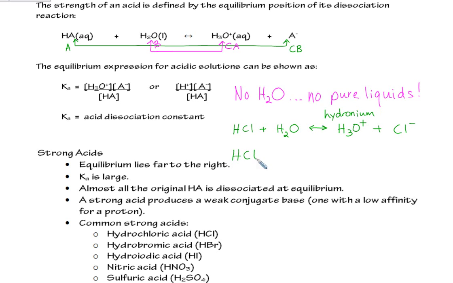Now sometimes you might also see, especially a strong acid like HCl, you might see this written like this, just forming hydrogen and chlorine. You might see it written like that, and it's totally fine. We're not going to include the water in the equilibrium expression anyways, so they kind of show you two examples. One has water, one doesn't.